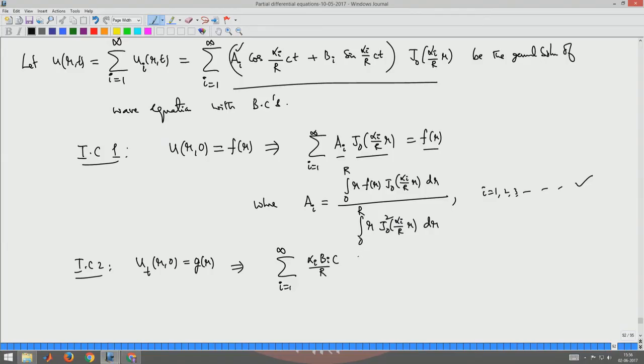Into cos(alpha_i c t / R) at t equal to 0, that is 1, into J_0 of alpha_i r / R, equal to g(r).